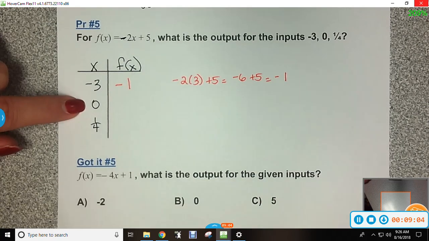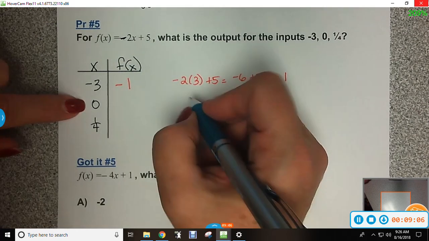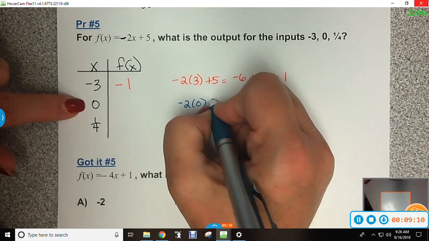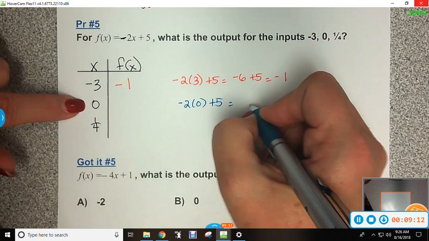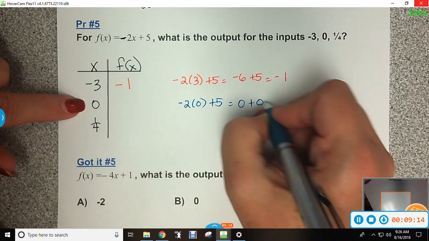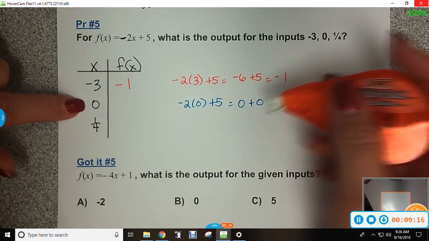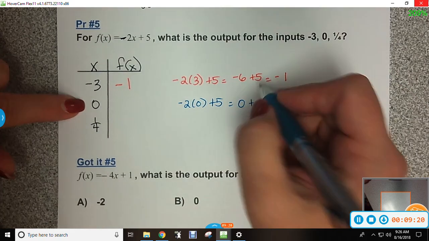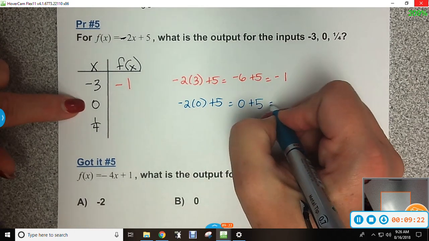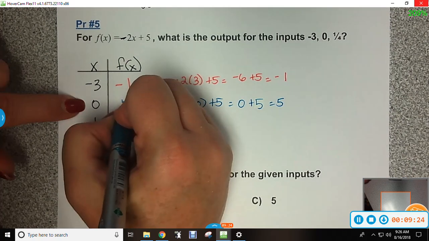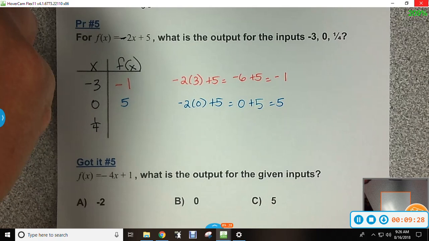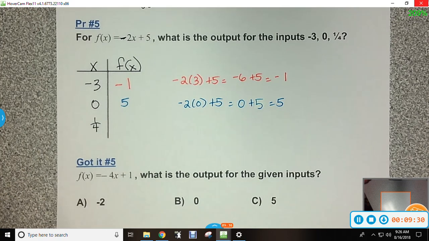When I plug in 0, I have negative 2 times 0 plus 5 gives me 0 plus 5 equals 5. So when I plug in 0, I get out 5. And the last one, it's a fraction.